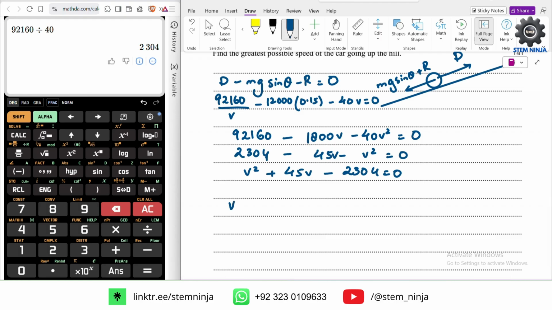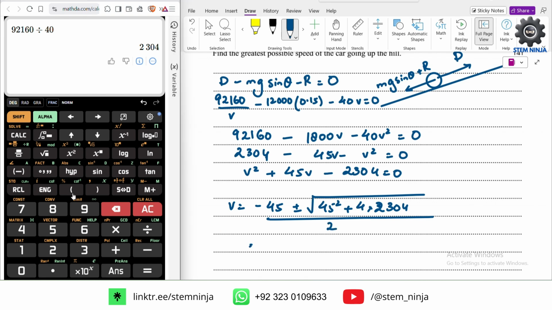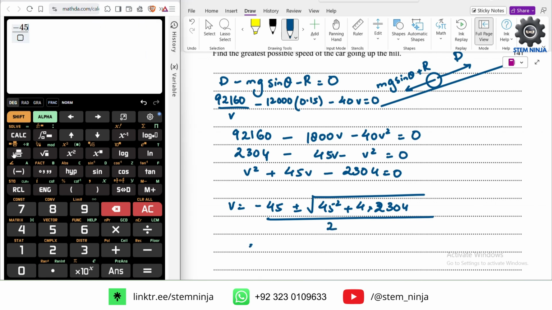V would be equal to minus 45 plus or minus the square root of 45 squared minus 4 times 2304, all divided by 2.